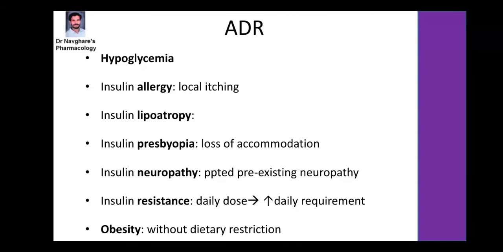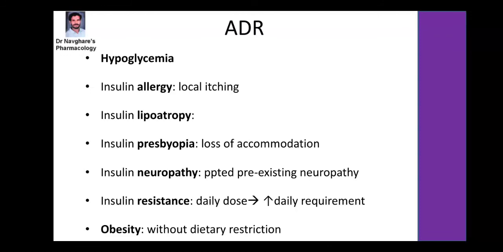As it possesses a lot of uses, it also has certain adverse effects. As it can cause hypoglycemia, it has to be administered parenterally, so local itching may develop. If insulin is given repeatedly on the same site or location, it produces lipoatrophy. Sometimes insulin causes presbyopia, that is loss of accommodation.